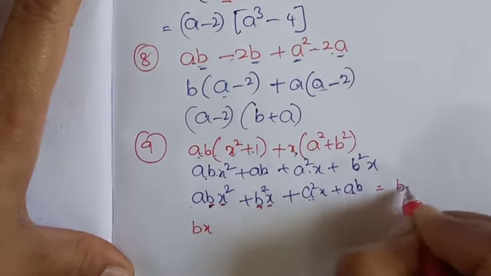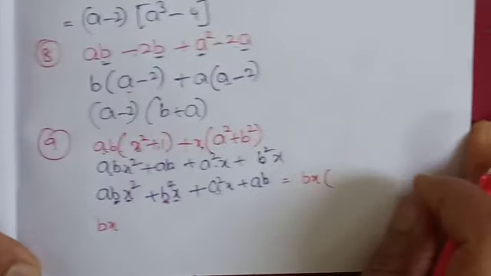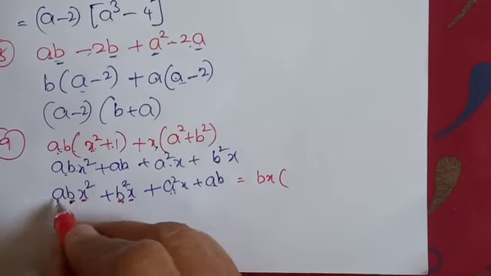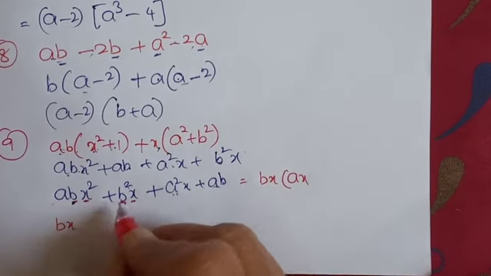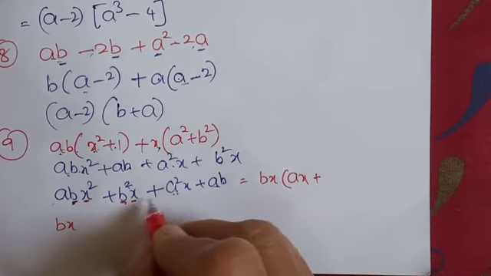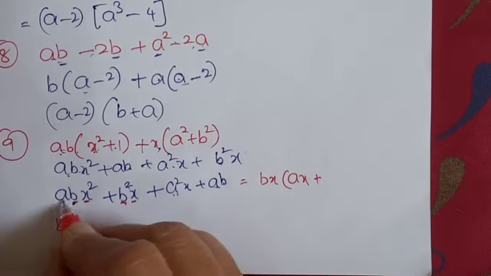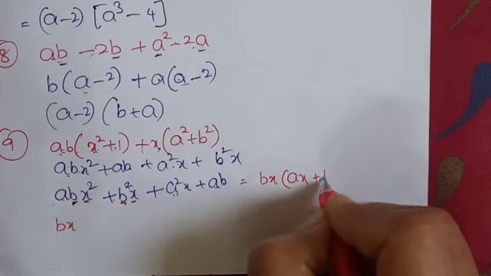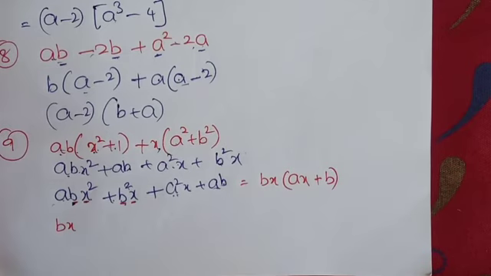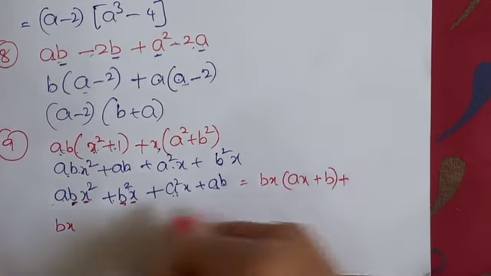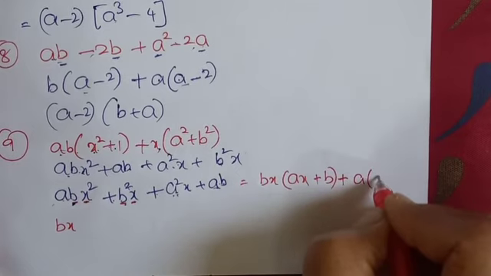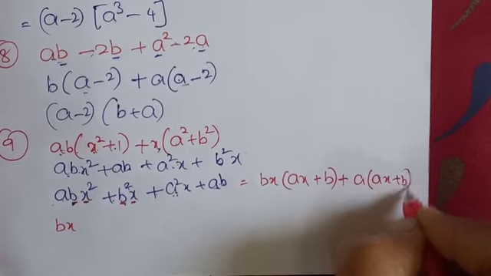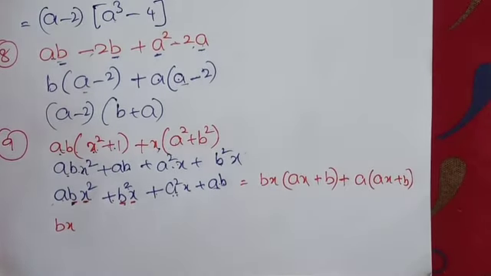Here I'll write bx is common. So ax will be left, plus ax plus 1b will be left, plus as it is, from these two a is common, simple. a is common, ax + b will be left, okay children.